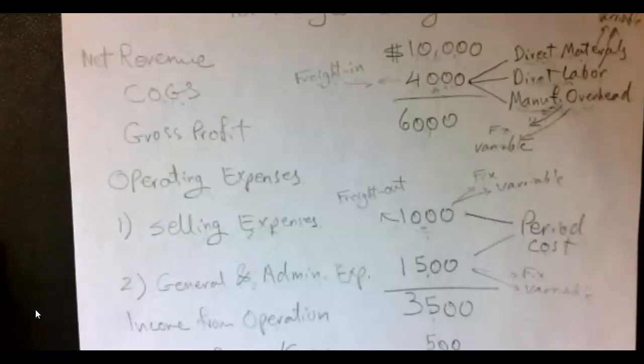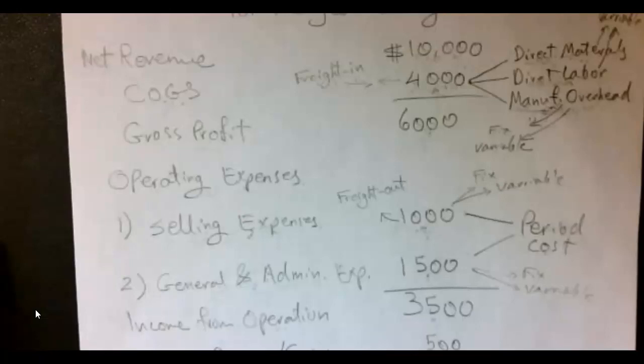Freight out is part of selling expense. Why? Because if you sell a t-shirt, let's say on Amazon, when you manufacture that t-shirt you need to pay for the shipping and send it to your buyer, that's a shipping cost, which we call freight out. Freight out is one of the selling expenses, just like advertisement expense, just like showroom rent expense. So you have also freight out expense.